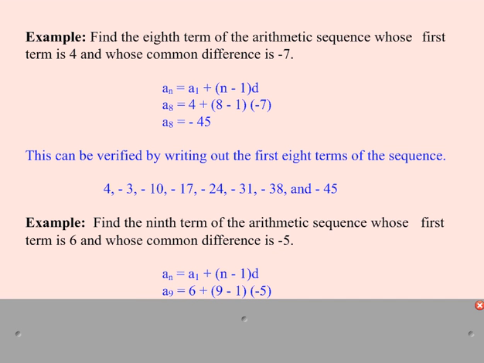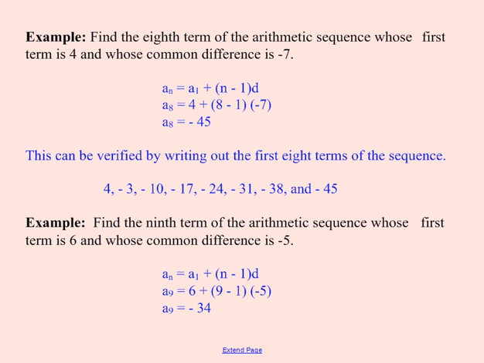We plug in what we know. They told us that the first term was 6, that the common difference was negative 5, and that we were finding the 9th term of the sequence, so n equals 9. Now do some basic arithmetic, and you get the 9th term to equal negative 34.